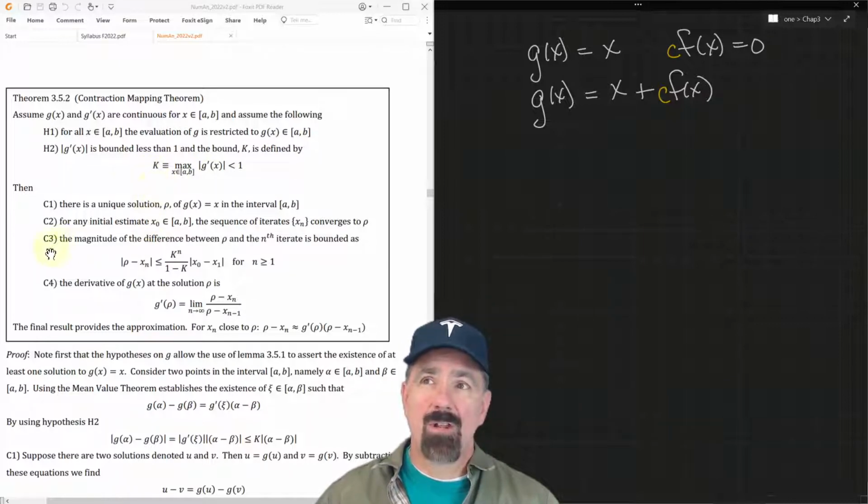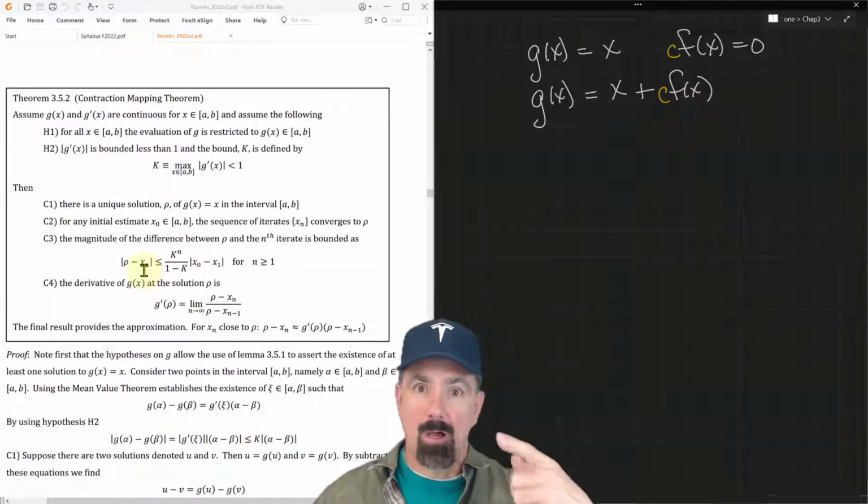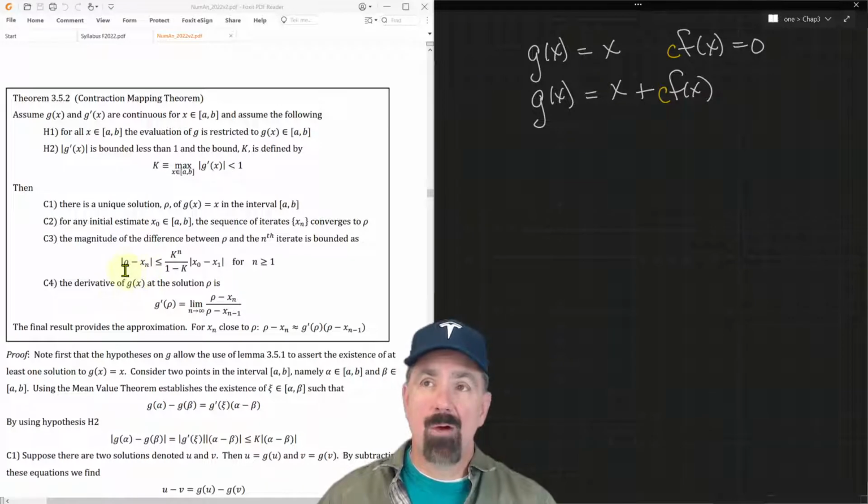And the third conclusion in the contraction mapping theorem tells me that after n iterations of the recursive application of g, I am bounded between the fixed point and my approximation by this right here. And so you can see a k to the nth power for small k will be a really small number, and I want 1 minus k to be as close to 1 as possible. That's also why I want k to be a small number.